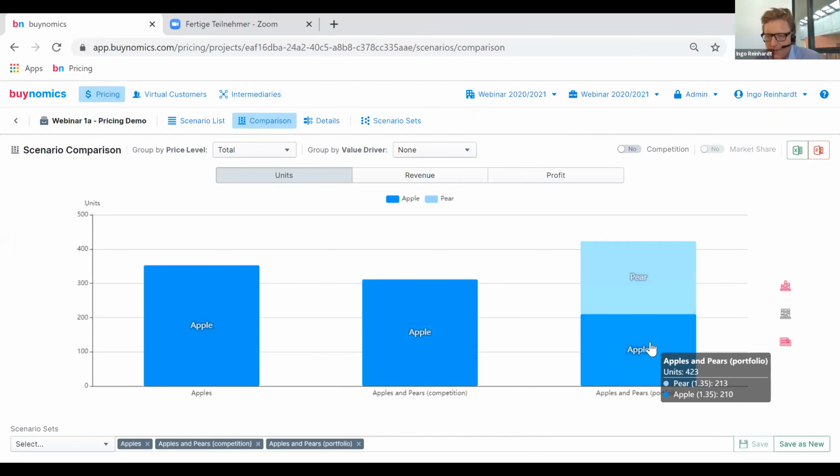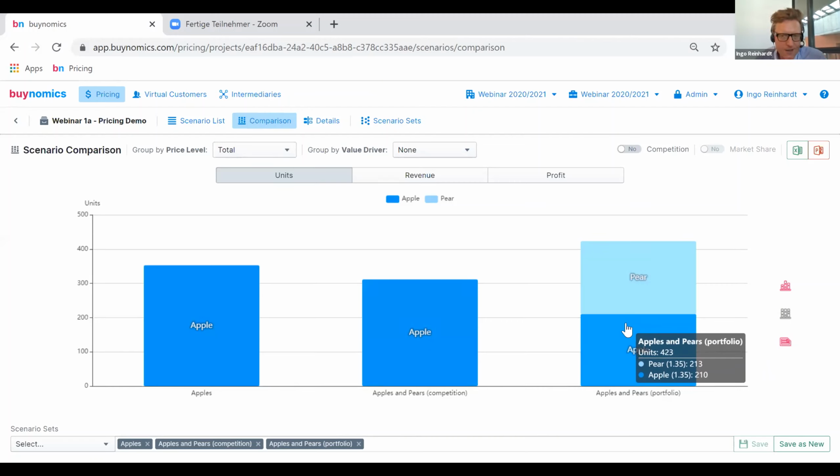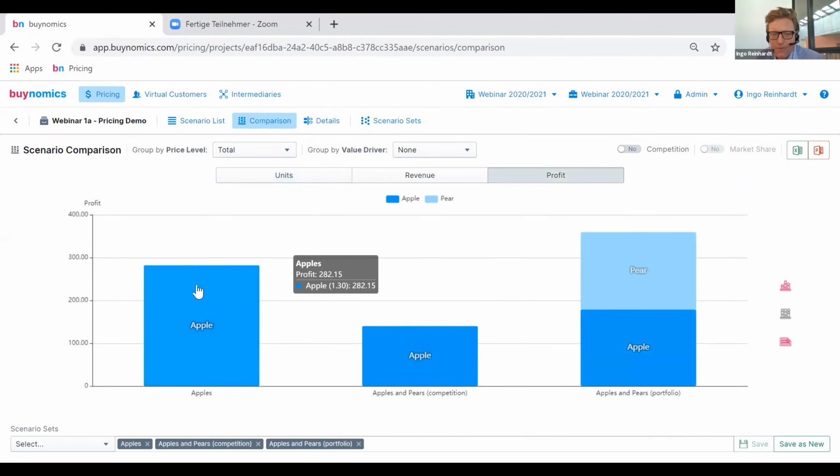And in the third example, you can think of, let's say we bought the competitor and we're now selling apples and pears, and of course then we can optimize both prices, or we can likewise optimize the portfolio, where we are optimizing the total profit of these two products, and then we would be selling both at 135, and we see what the profit effects are.